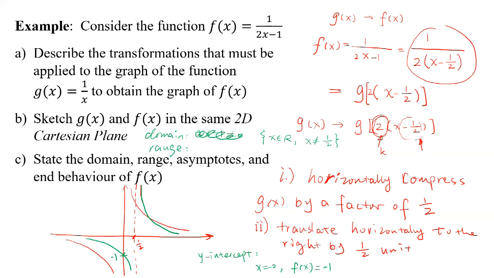The range is the same as the original function. It is negative infinity to 0 union with 0 to positive infinity. That means it can be any real number except 0, right? Asymptotes. The horizontal asymptote is y equals 0. The vertical asymptote is x equals 1 over 2, right?